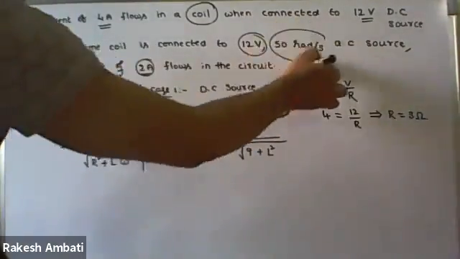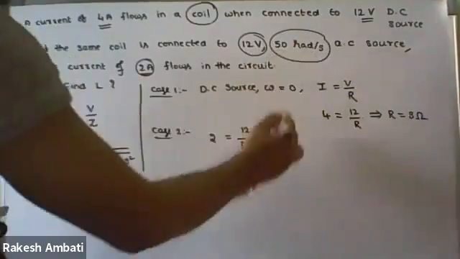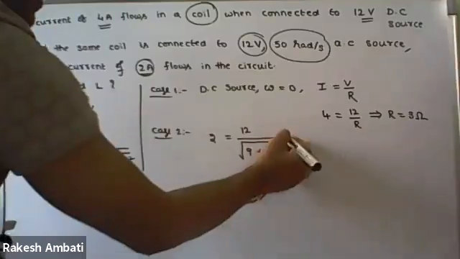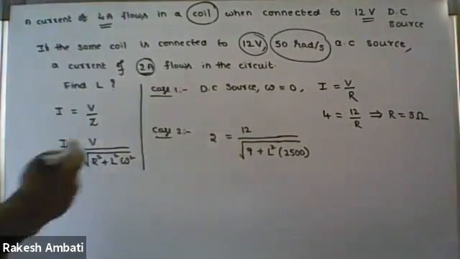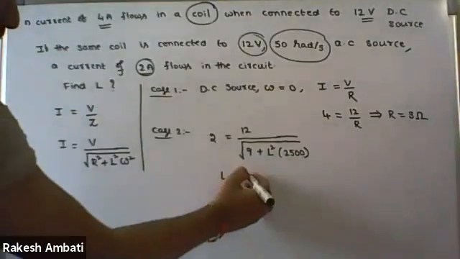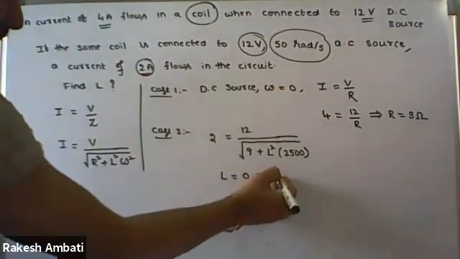Omega is 50 radian per second, so omega square means 2500. By simplifying, we get this L value approximately 0.08 Henry.